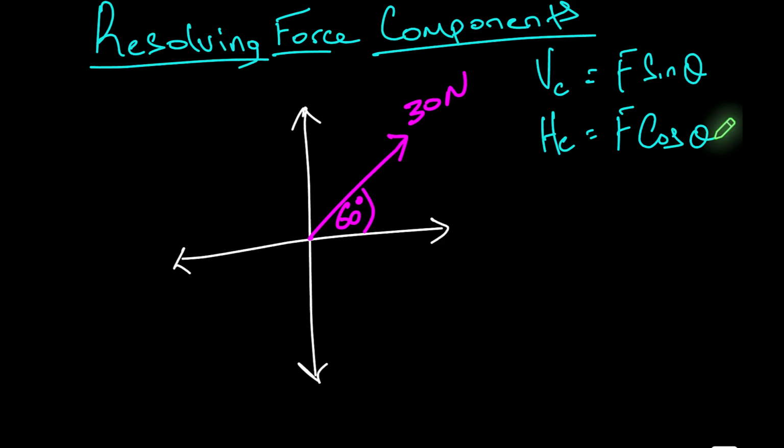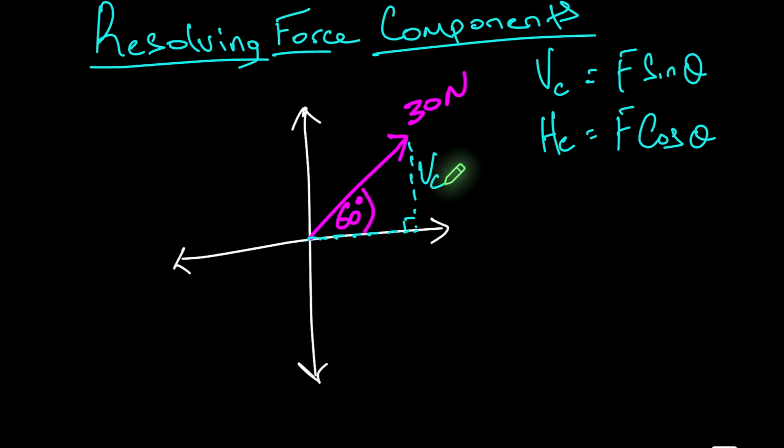So if you can imagine this 30 newtons, and I'm going to draw this dotted line right here, representing a vertical line. And that vertical line meets this horizontal line, which I'm drawing right there. Let's say your unknown this time around is this, VC for vertical component.